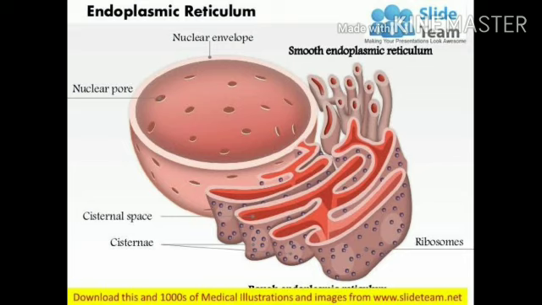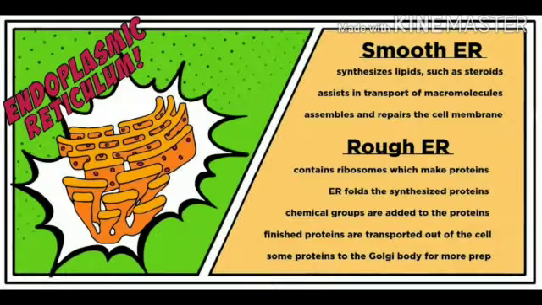Endoplasmic reticulum is connected to the nucleus from the inner side and to the plasma membrane from the outer side. Endoplasmic reticulum is of two types, rough endoplasmic reticulum and smooth endoplasmic reticulum. Rough endoplasmic reticulum has ribosome granules on its outer surface.